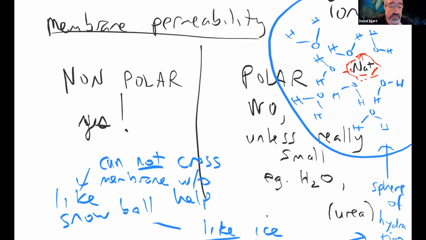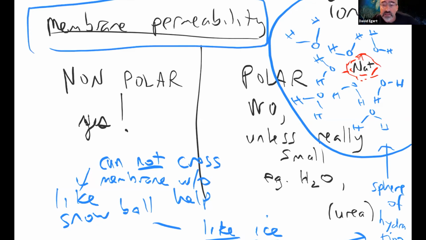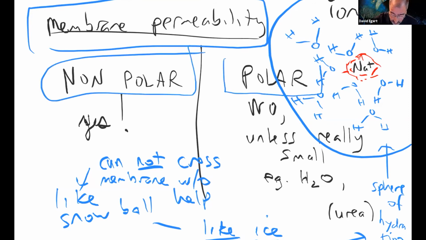So definitely membrane permeability is going to be an important theme in our class because it's the boundary between you and not you. It's what's inside the cell and outside the cell. So understanding what can cross easily, non-polar things, and what can't cross, polar things unless really small.